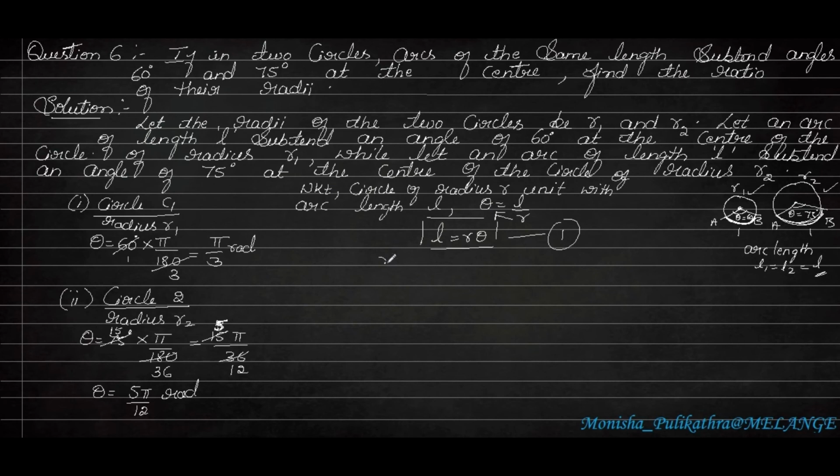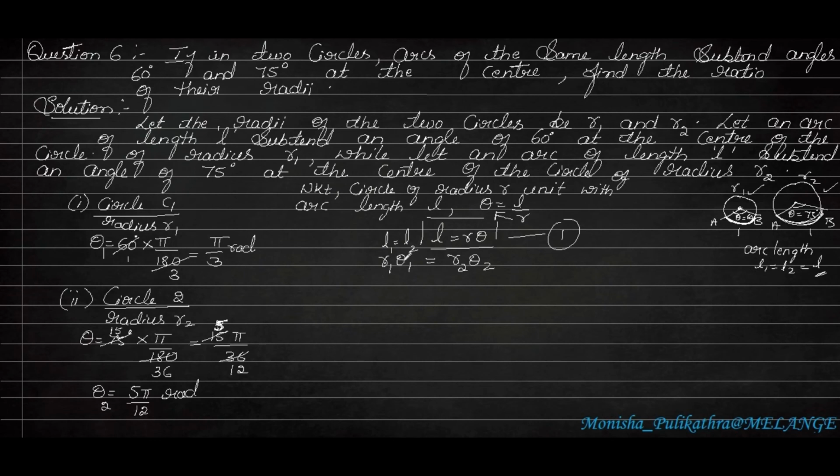So in the first case, R1 theta 1 is equal to R2 theta 2. Why did this happen? Because L is the same in both circles, L1 is equal to L2. The arc length of the first circle is equal to the arc length of the second circle, and L1 is R1 theta 1 and L2 is R2 theta 2.